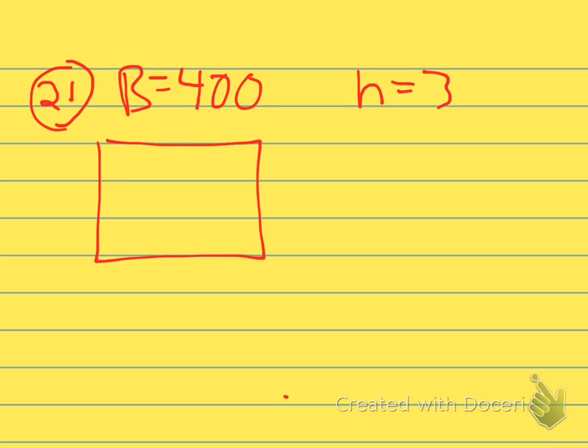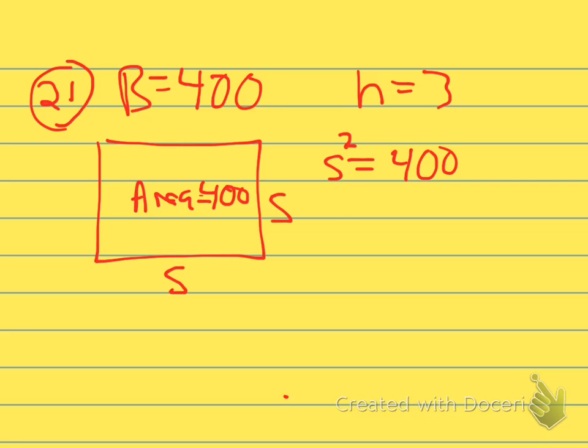We're finding the total surface area. We scratched out the end volume. For a regular square base pyramid, the base area is given as 400 and the height is 3. Well, it's a square base pyramid, so if the area of this base is 400, then that must have come from taking a side length times a side length, or side length squared is equal to 400.